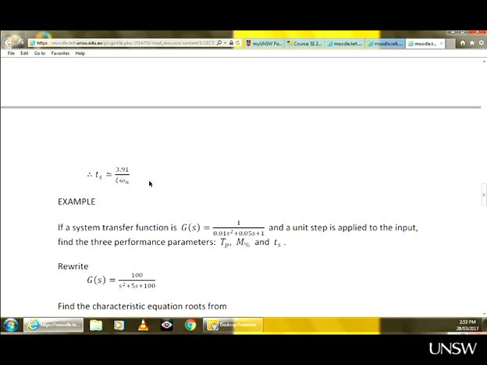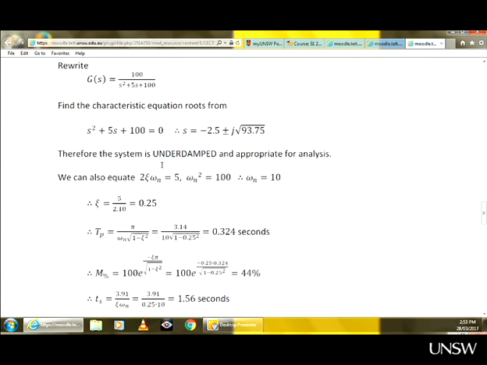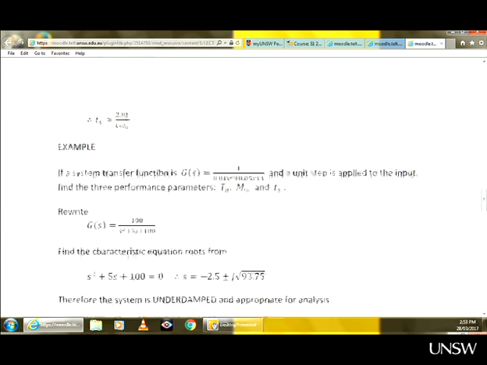Now let's do some examples. So you're given a system here, a transfer function, and you're asked to find time to the first peak, percentage overshoot, and settling time. First thing to do is check whether this is the right system for you.